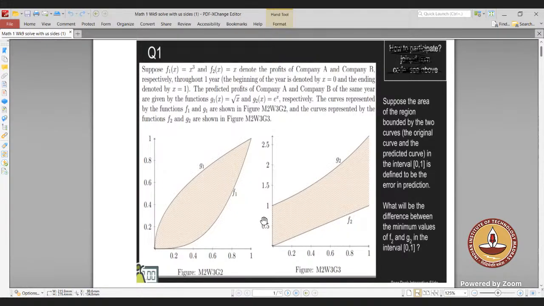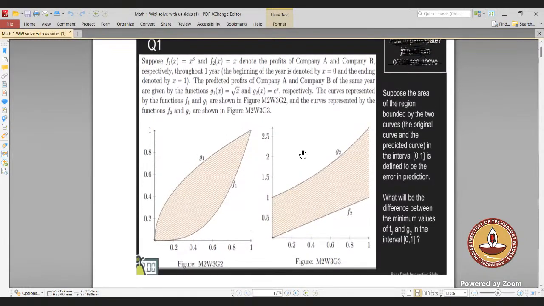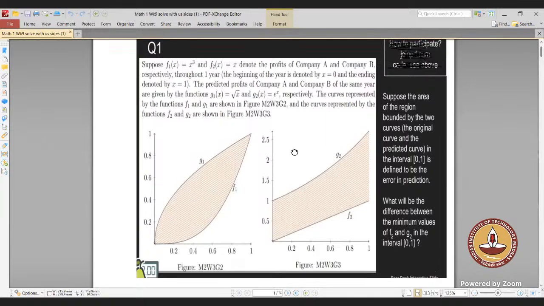Since it's an increasing function, we can clearly see that e power x and y is equal to x are increasing functions, right? I understand, it's overkill if we use those tools here. But if we use those tools, the answer won't come, right?